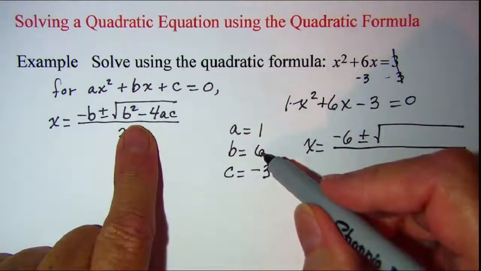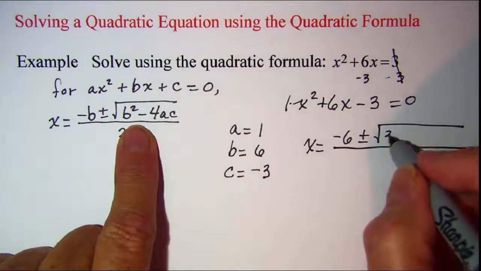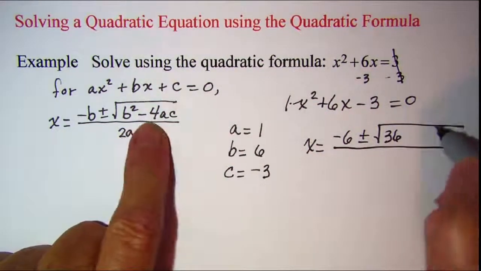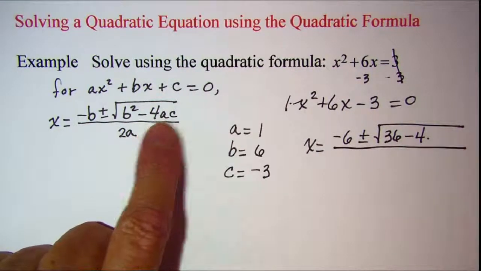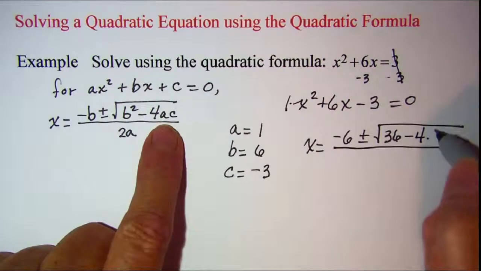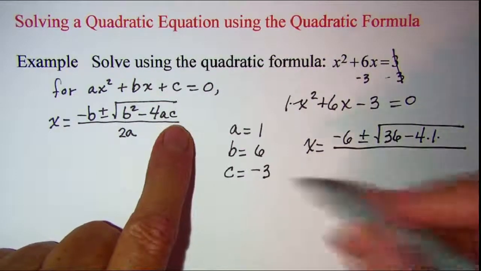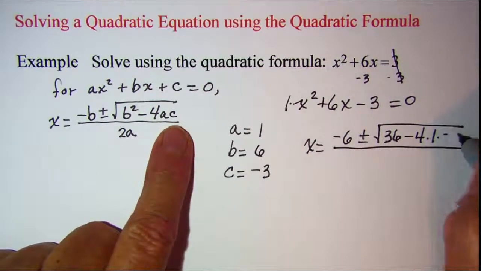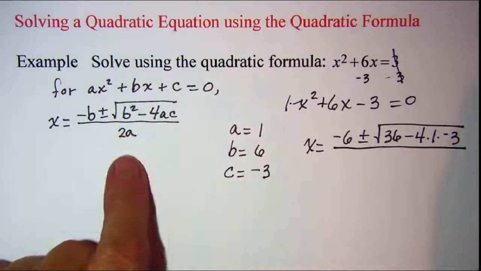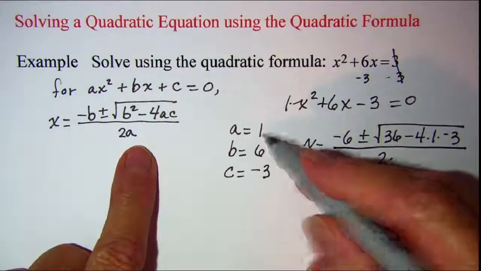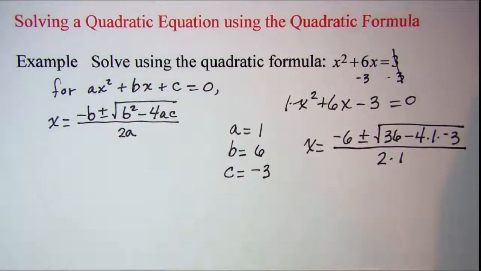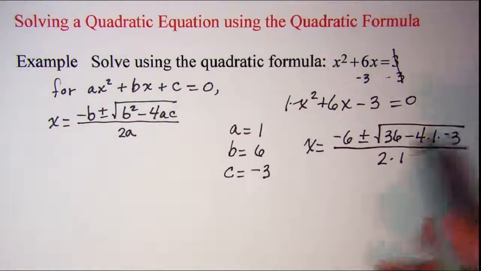So if b is 6, b squared is 36, minus 4 times a, which is 1, times c, which is negative 3, all over 2 times a, which is 1. Now I just need to do the math.